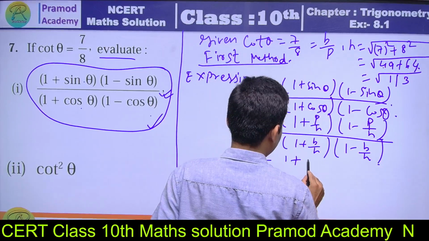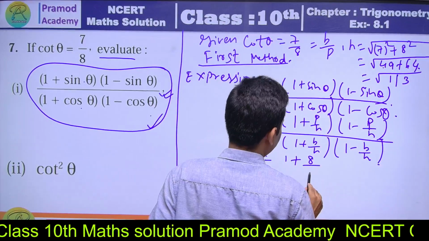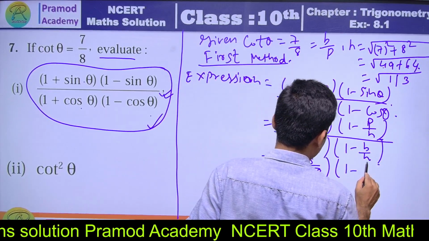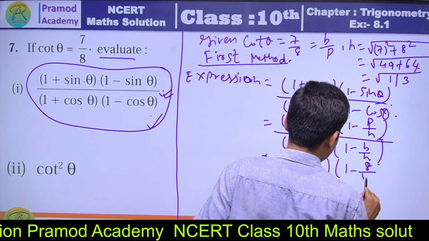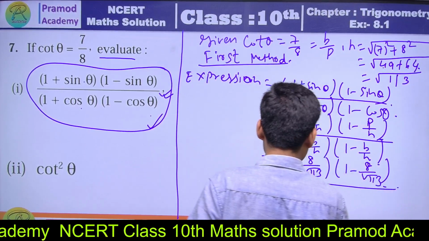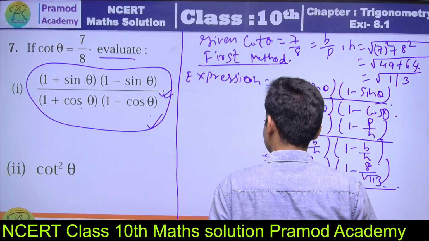P is 8. 8 by root under 113, 1 minus 8 by root under 113, by 1 plus B by H.